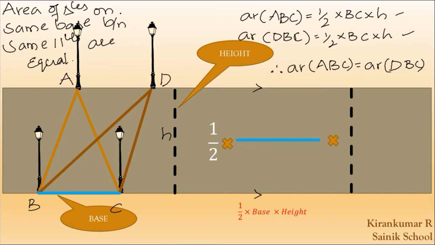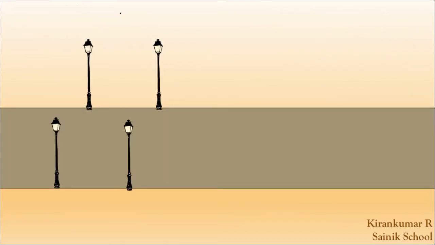I want you to observe another situation. There are 4 street lights. In this situation, I'll take one of the street lights to another side. So only one street light is there towards the top and 3 street lights are at the bottom.